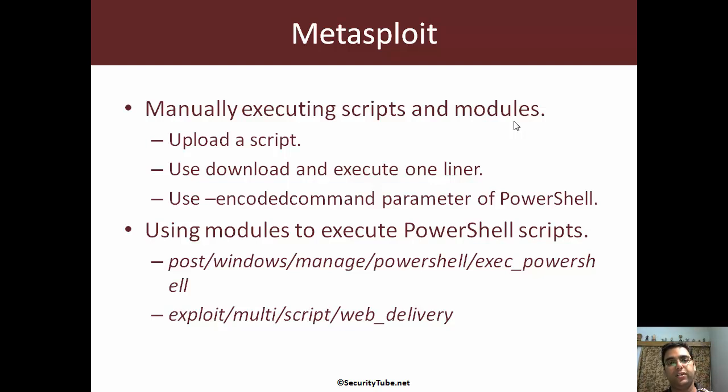The first one is to upload a script and then execute it from a native shell. The second one is to use the PowerShell one-liner download and execute, which we have been using quite frequently. And the third one is to use the encoded command parameter of PowerShell.